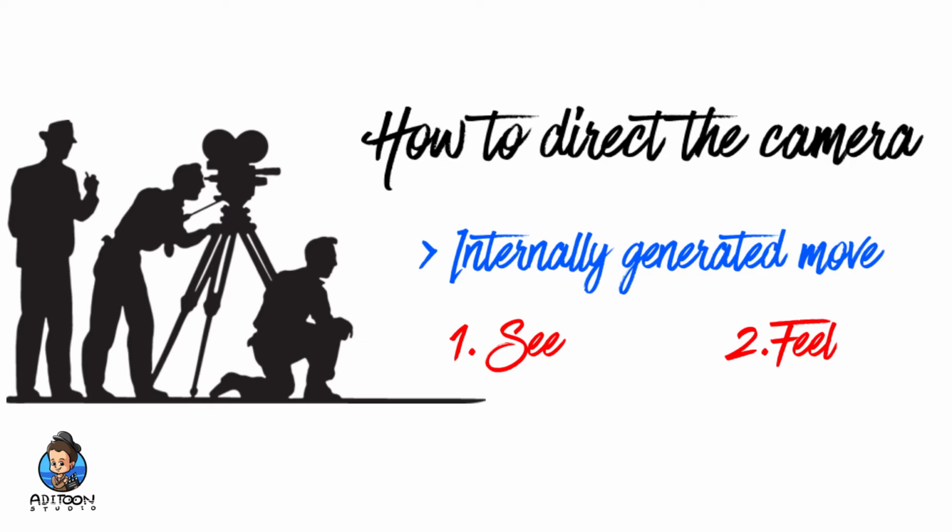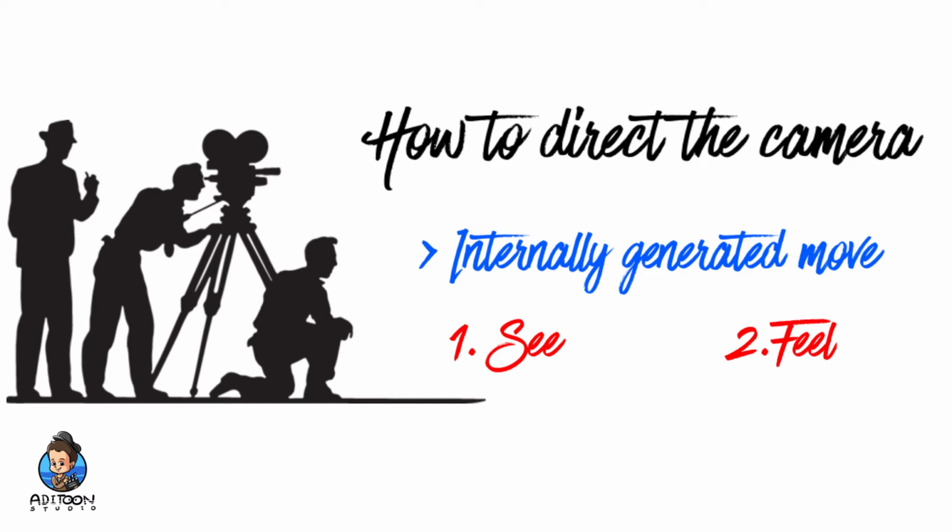Point of view. In this case, the shot before the POV is showing the character's eyes, right? Because you have to show the character's eyes first, and then you cut to a POV shot showing what the character is seeing.